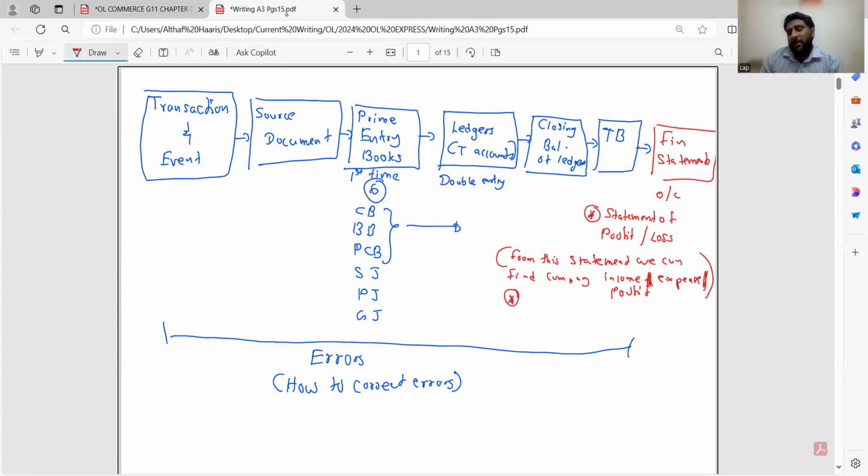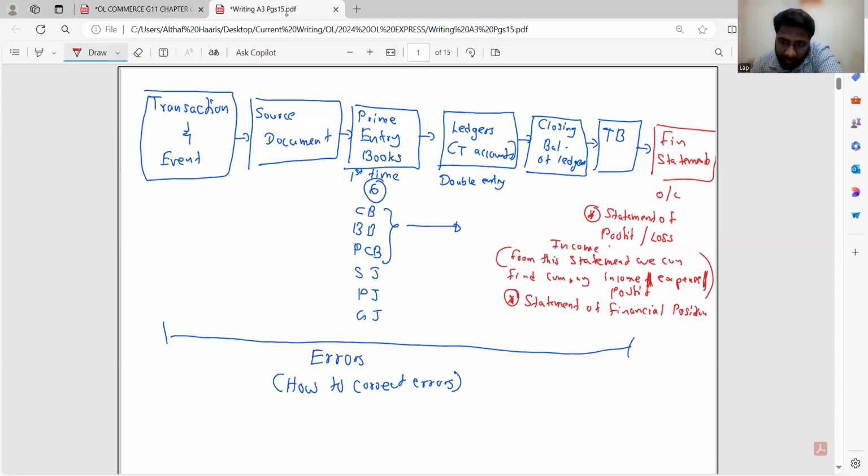And the second statement, statement of financial position. Can anyone tell me now, from the profit or loss statement, if not, we'll call it the income statement also.